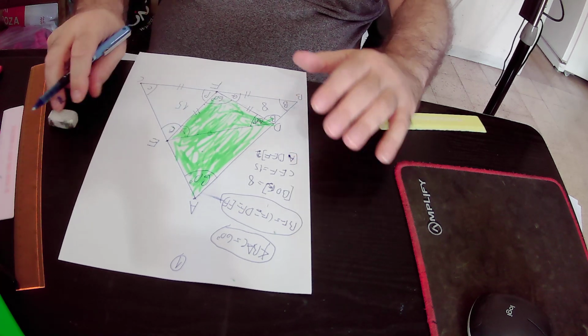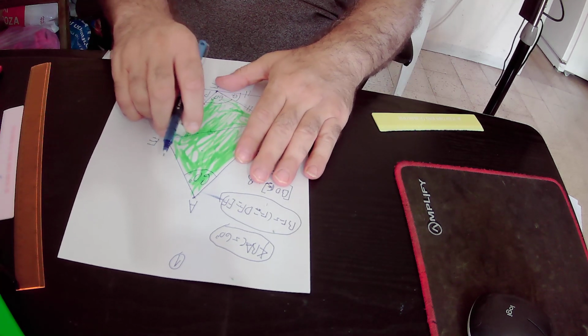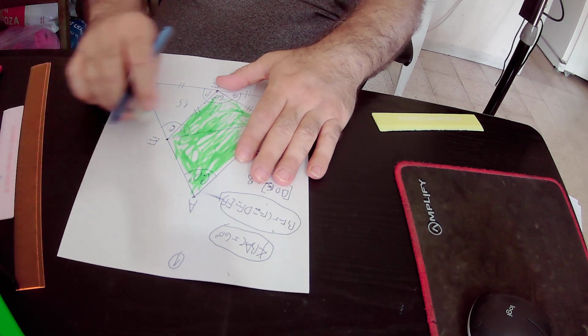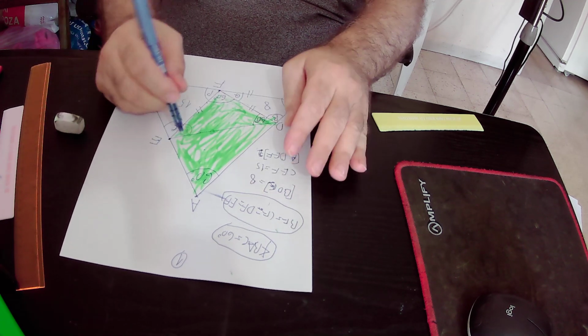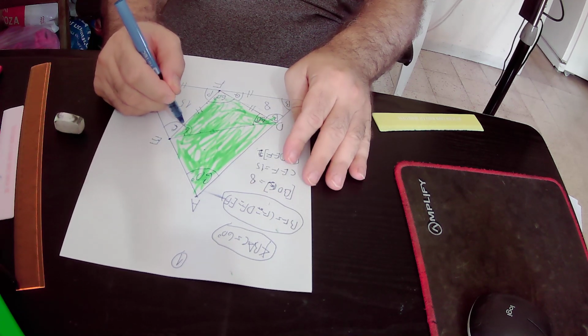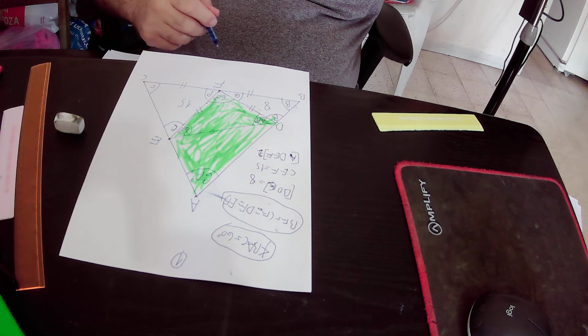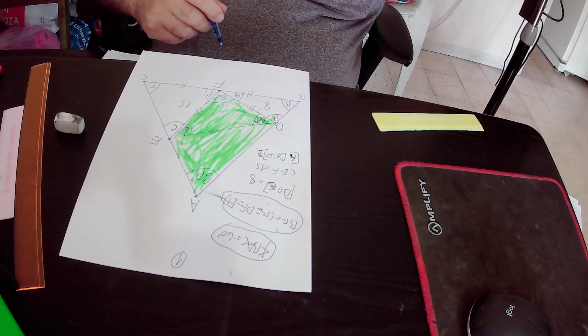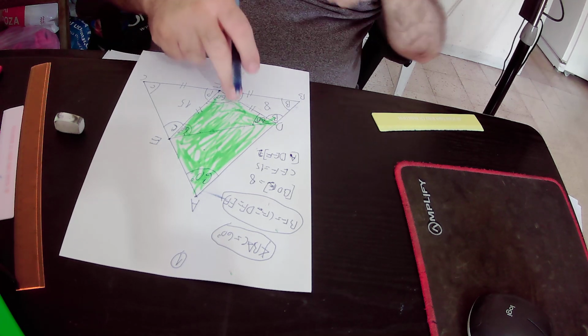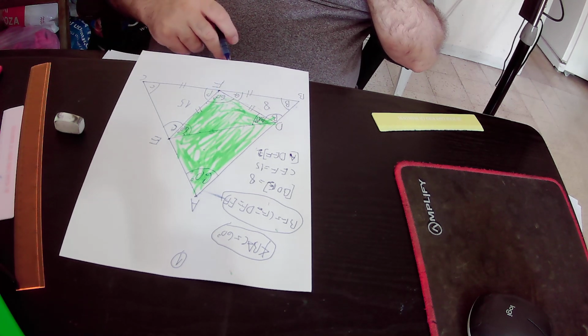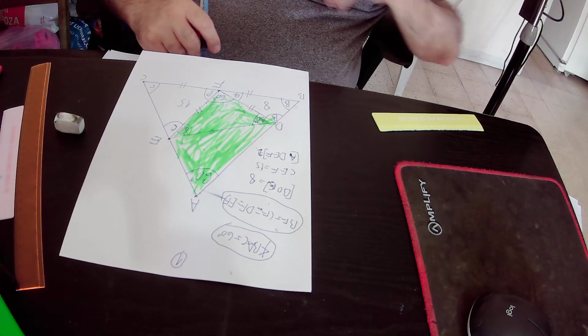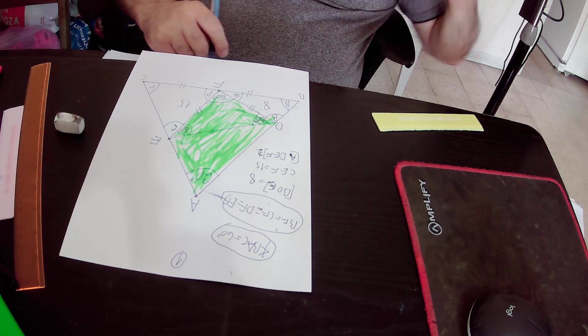Here we have also angle y, we substitute it by 60 degrees. So we actually found out that all the angles of triangle DFE, the green triangle, are equal to each other, and all of them are equal to 60 degrees.